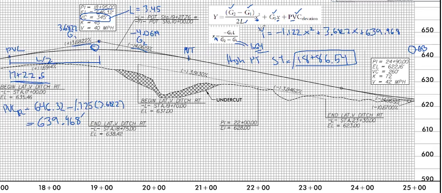So now I'm going to use the parabolic equation. I'm going to plug in my value of x. So it's y equals negative 1.122. Our x here is 1.64. So 1.64 squared multiplied by that a component plus 3.6822 times our x value again of 1.64. And then plus our PVC elevation 639.968.